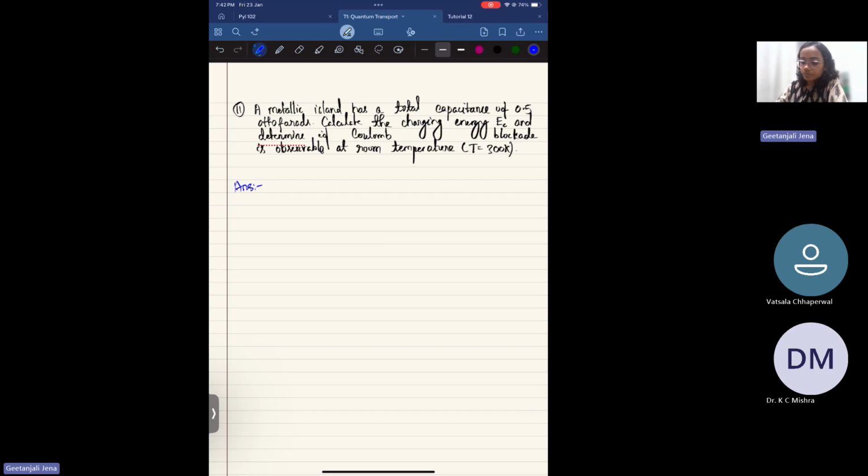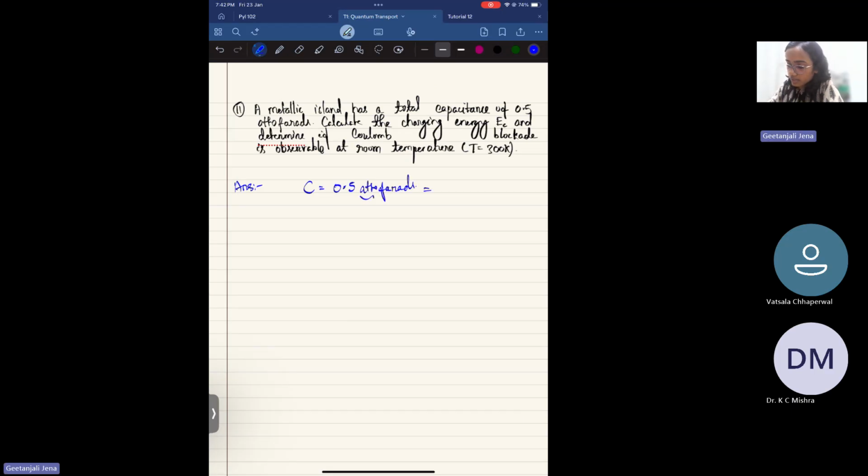Question 11. There is a metallic island. It has a total capacitance of 0.5 attofarads. Calculate the charging energy EC and determine if Coulomb blockade is observable at room temperature, T equal to 300 K. So there is a metallic island and its given capacitance C is 0.5 attofarad.